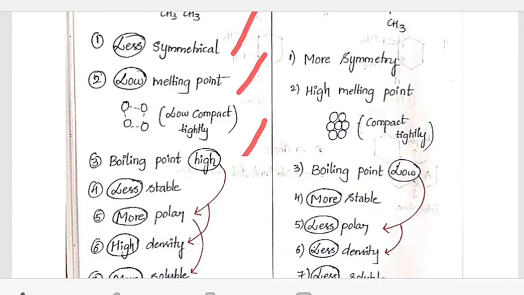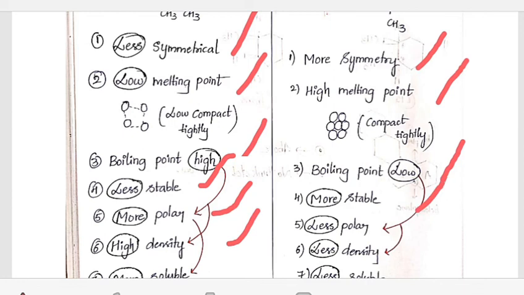Compared to trans, cis is less stable, more polar, and high density. Trans compounds are more symmetric, with high melting point, low boiling point, more stable, less polar, and less dense. These are some of the points regarding cis and trans.